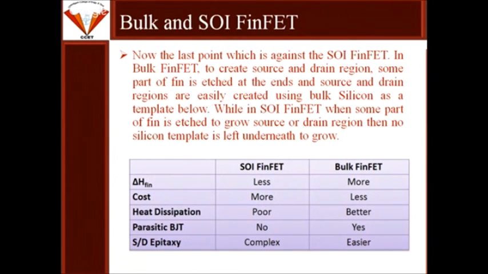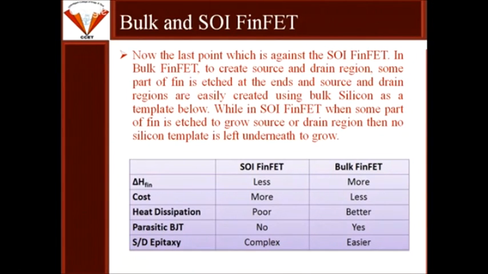So if we compare SOI FinFET with bulk FinFET, we have different parameters. In SOI FinFET, fin height is less, while in bulk FinFET, fin height is more. Cost of SOI FinFET is more, while cost of bulk FinFET is less, because of the reasons we have seen: we are not getting the template, we are not getting the proper alignment.